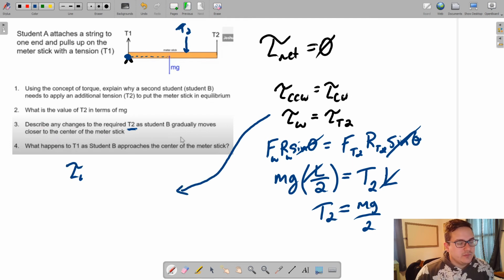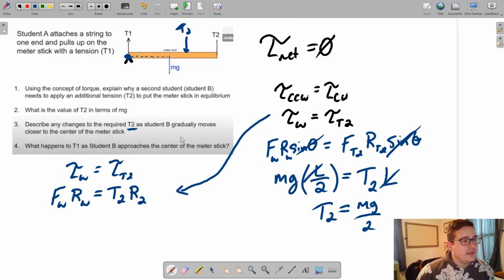And going back to up here, I'm going to rewrite this. So the torque from weight equals the torque of T2. Now the torque from weight doesn't change. That's still going to be a static value. So we're going to put F weight, radius from the center of mass, so you can say weight or center of mass, equals T2, and then radius 2.